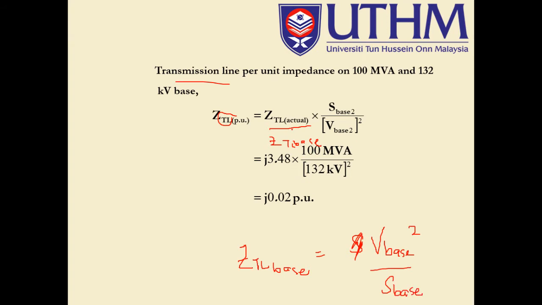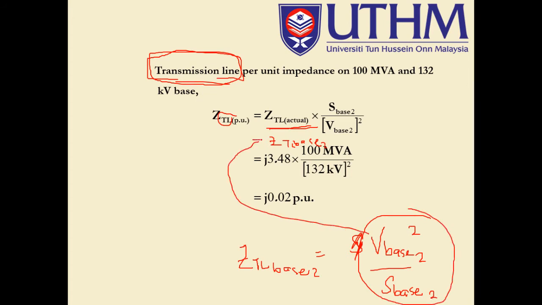Since the transmission line is located in zone number 2, the notation is supposed to be 2, so V base 2 and S base 2. So ZT actual over ZT base 2. Substitute into this and rearrange: multiply by S base 2 over V base 2 squared.